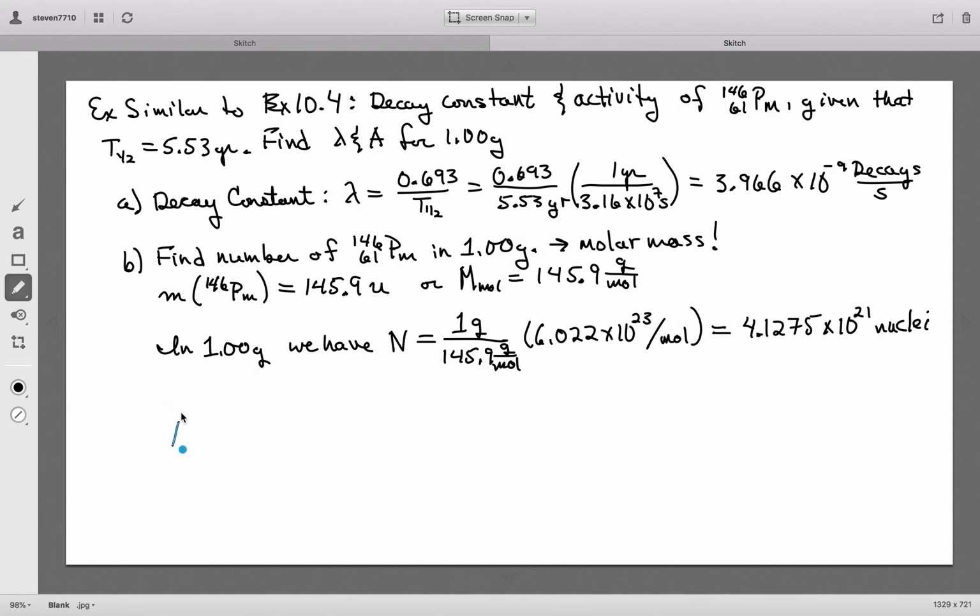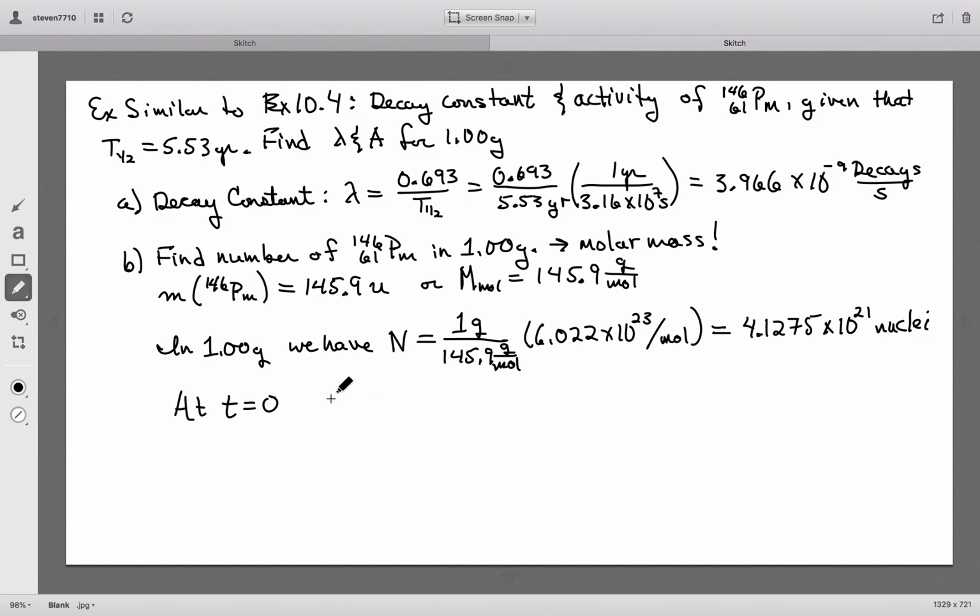We assume, at t equals 0, because the activity is always going to change and it's going to decrease, we want to know what is our activity at this instant of time with 1 gram of stuff. As soon as we collect 1 gram and start time off, next thing we know, we have less than 1 gram of these nuclei, and we're converting to a different material. So at time t equals 0 is really what we're interested in.